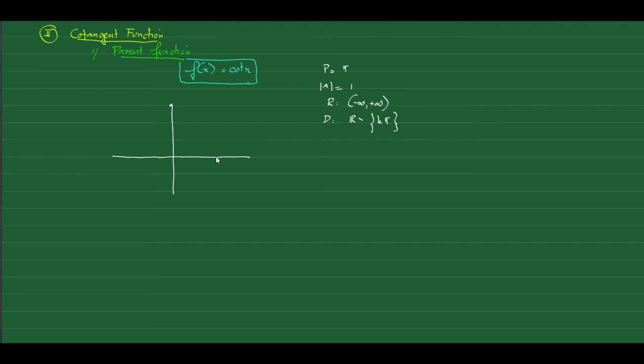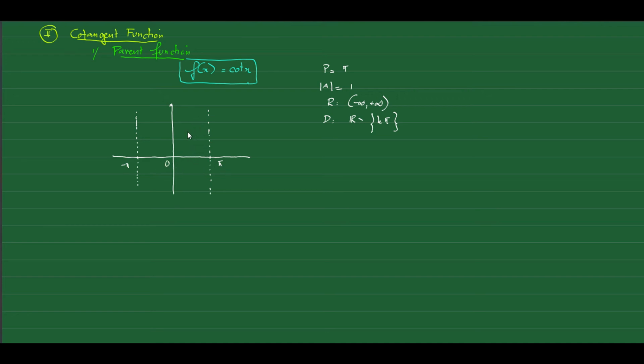So the period will be pi. One revolution will be pi. So we have a vertical asymptote at pi, and we also have a vertical asymptote right over here. But because the period is only pi, everything will be between here and here only.